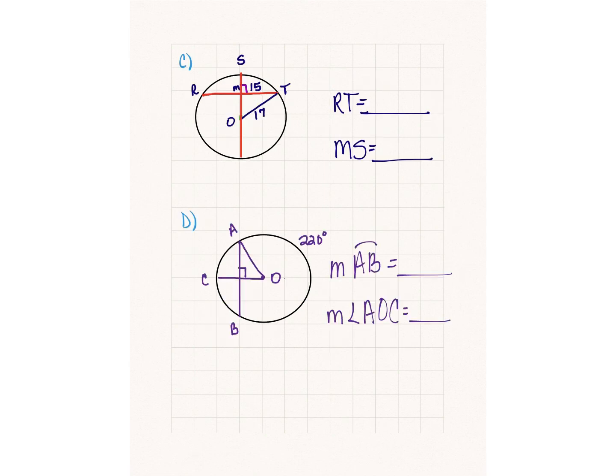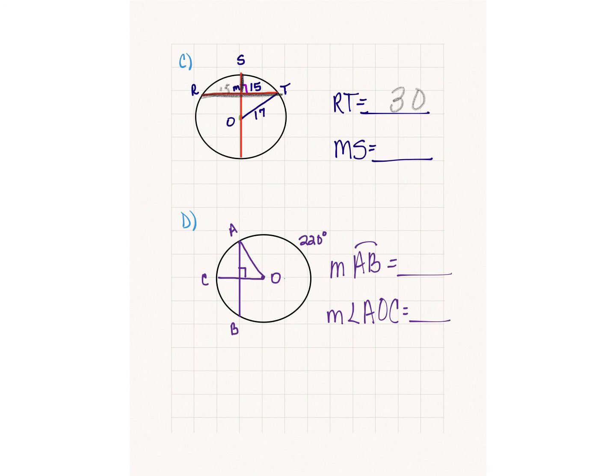Over here, I'm looking for RT and MS. MS is this little piece here. RT is easy, because I have a diameter perpendicular to a chord, so I know it bisects the chord. RT must be 30, because both sides have to be 15.